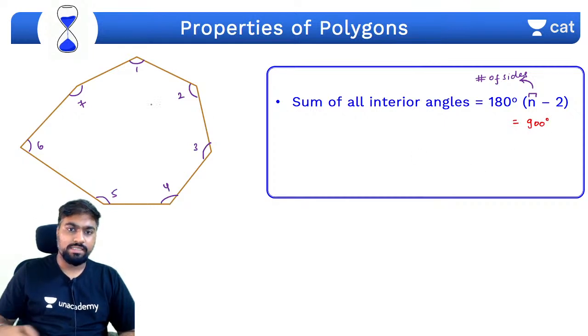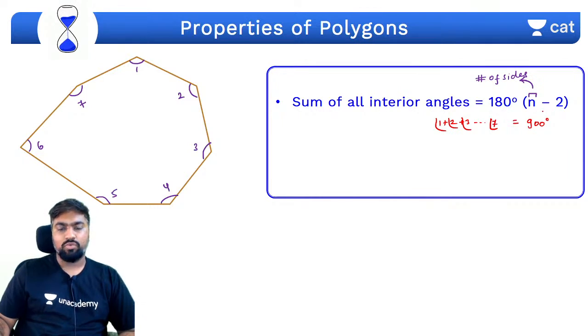Got it? The sum should be equal to 900 degrees, angle 1 plus 2 plus 3 all the way till angle 7. This is a general term that works for a triangle also. That is why for a triangle, 180 into 3 minus 2, that is 180 into 1, 180 degrees. For a quadrilateral, 180 into 4 minus 2, so 360. Are you getting it?